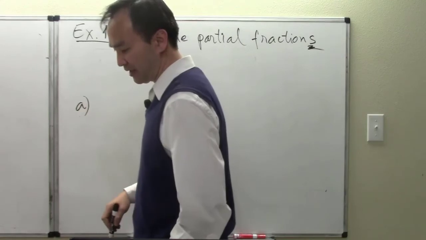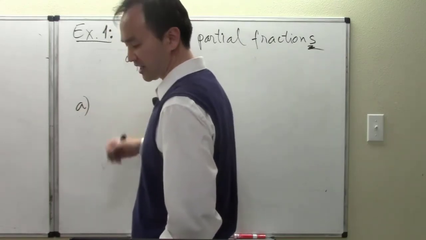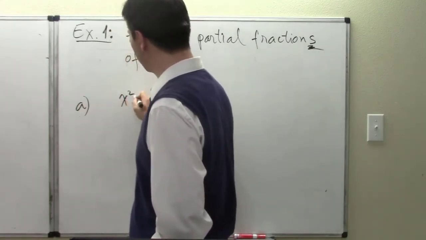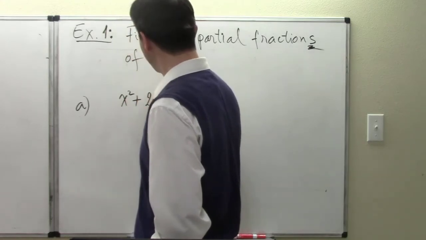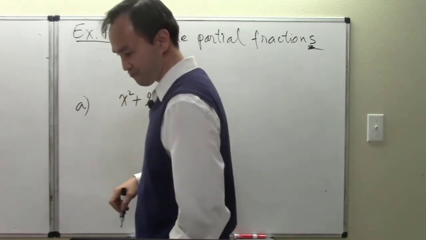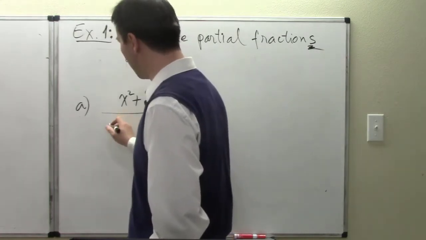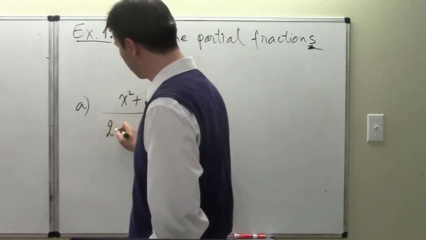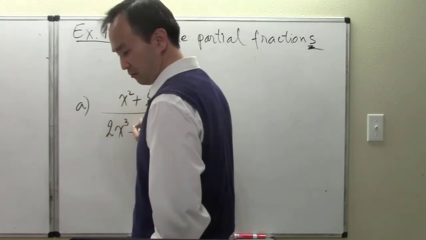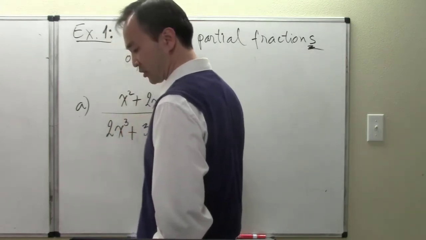Now we have a starting rational expression as follows: x squared plus 2x minus 1, over one common denominator, one big denominator: 2x cubed plus 3x squared minus 2x.